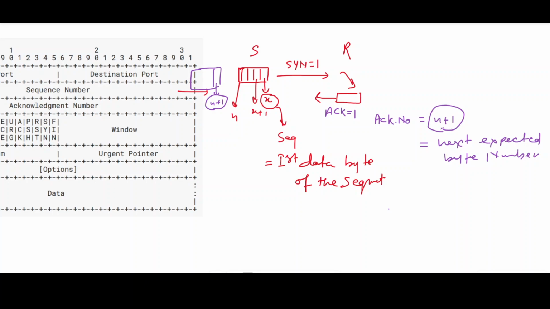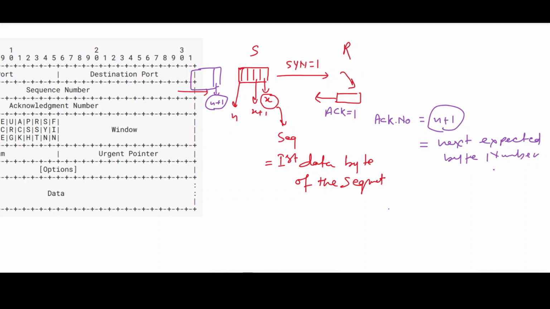Clear? If you try to understand this graphically, with a sender and a receiver, and correlate the things with each other, you will be able to understand the sequence number and acknowledgement number. So, the next expected byte number.